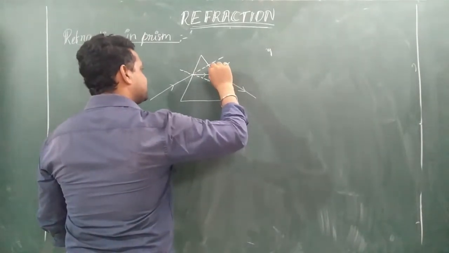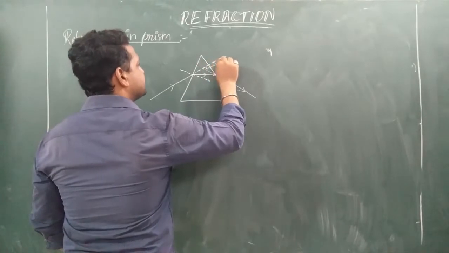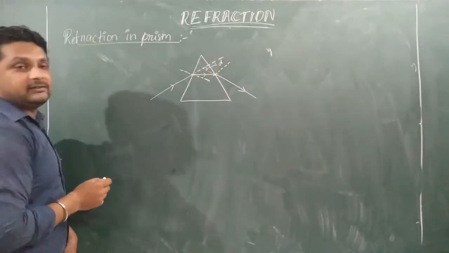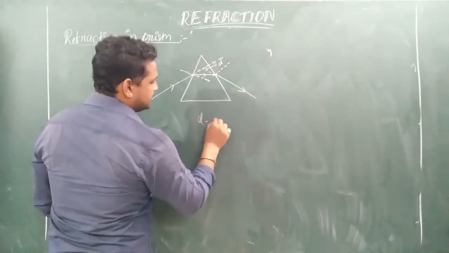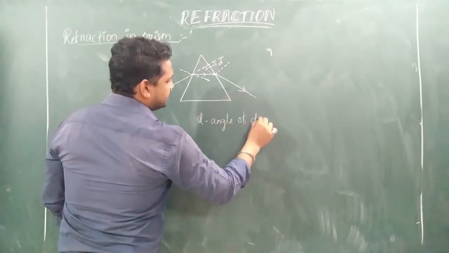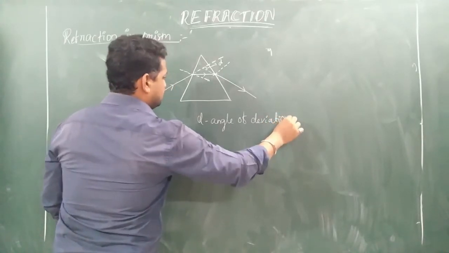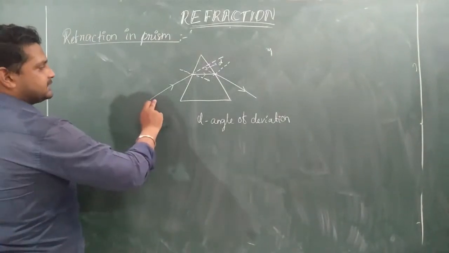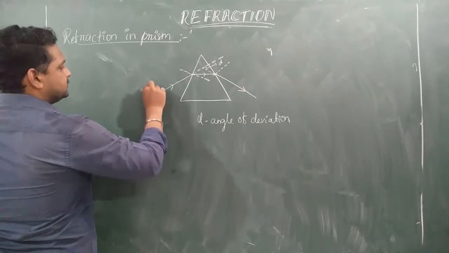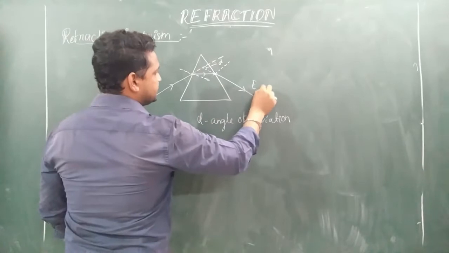If you extend this one, this is called D, the angle of deviation. Now this is the incident ray and this is the emergent ray.